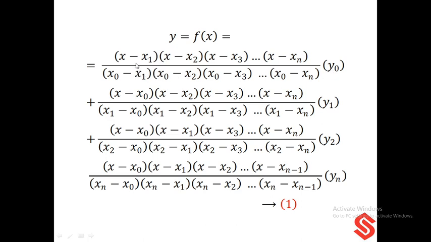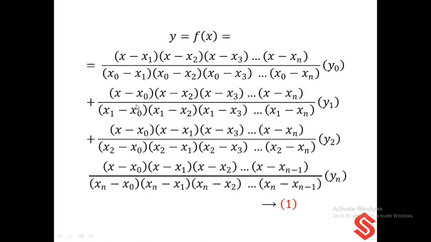Here we observe that in the first term we are not writing x − x0; we start from x − x1, then x − x2, x − x3, so on, x − xn. Since we are not writing x − x0 here, x0 will start in the denominator: x0 − x1, x0 − x2, etc., x0 − xn, into y0.